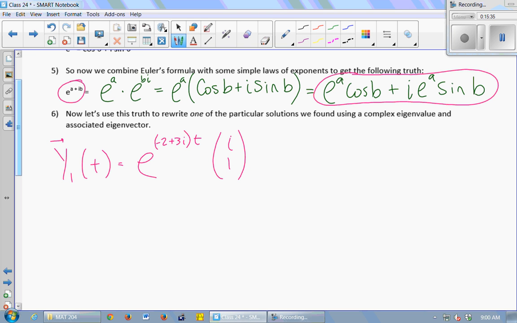And I'm going to apply the rule that we just came up with in number 5 to the e to the part, so that I can apply my rule. So first I'm just going to distribute that t. So I have e to the -2t plus 3ti, times v1.